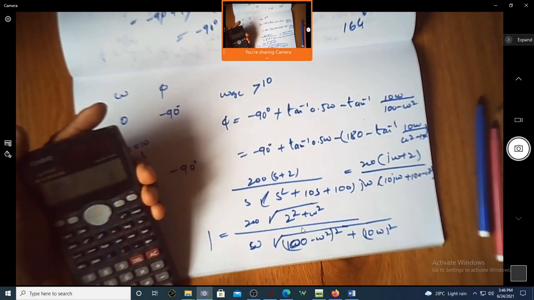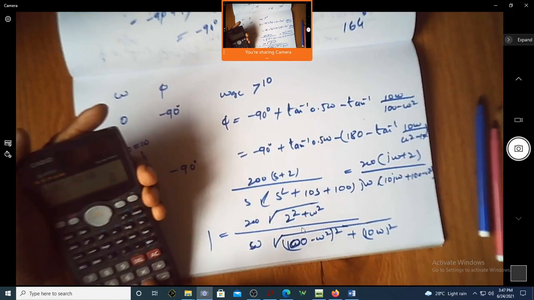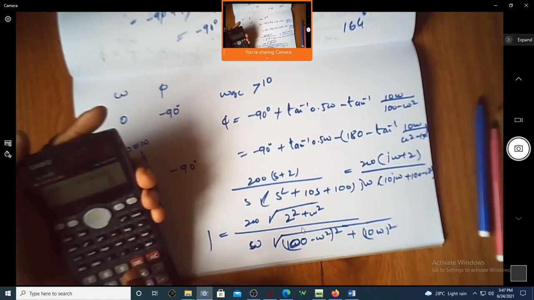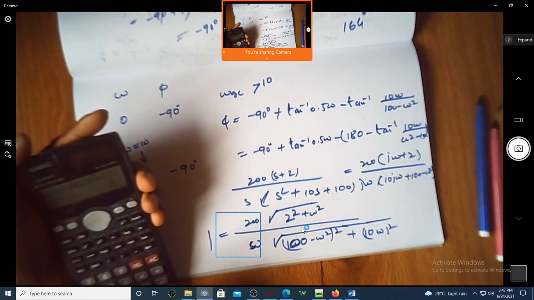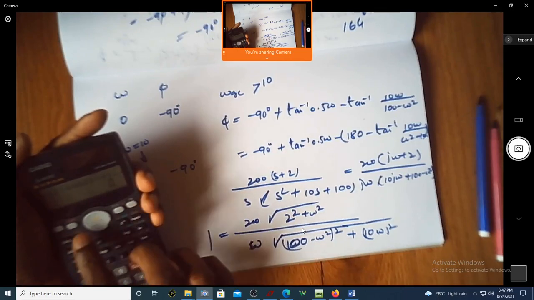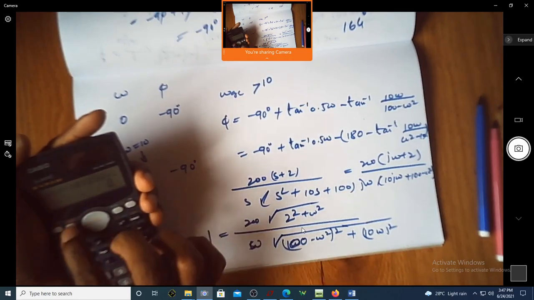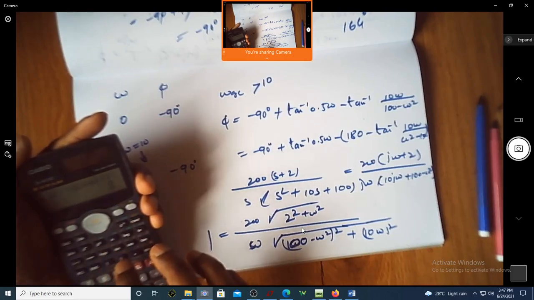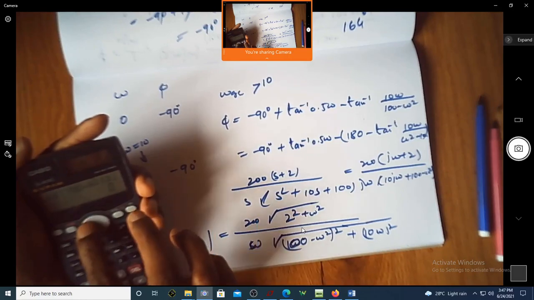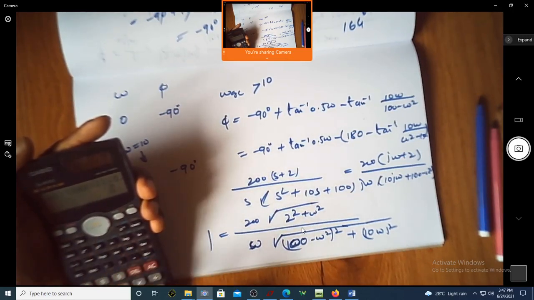I'll equate this to this. Is it 200 into under root of 4 plus alpha a whole square, divided by alpha a into under root of 100 minus alpha a square, whole square of that, plus 10 alpha a whole square? I don't know how many closes I have to make. I think I'm there. Shift cal. 15.237.